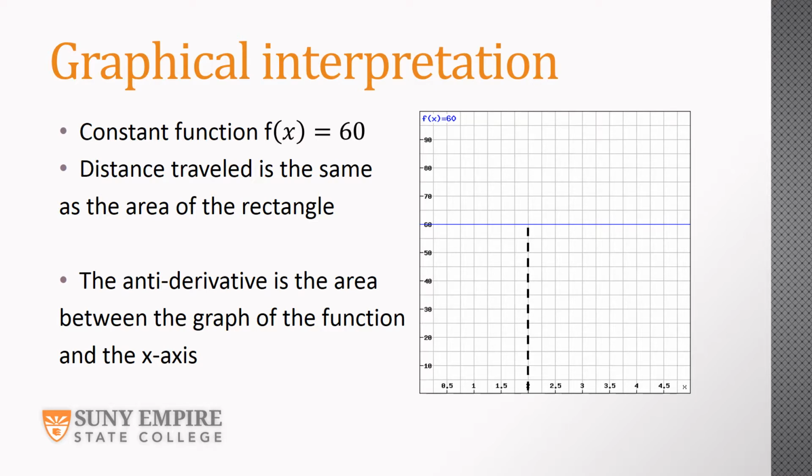Since we are worried about the distance traveled in 2 hours, we consider the x values from 0 through 2. Finding the total distance traveled is exactly the same as finding the area of the rectangle shown. So in graphical terms, the antiderivative is the area between the graph of the function and the x-axis.